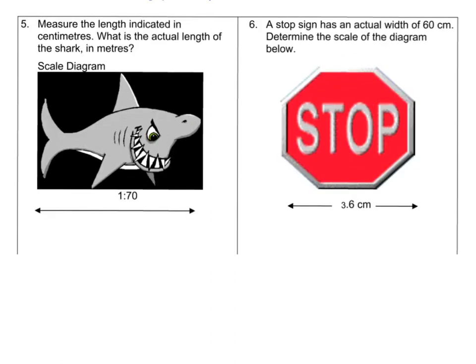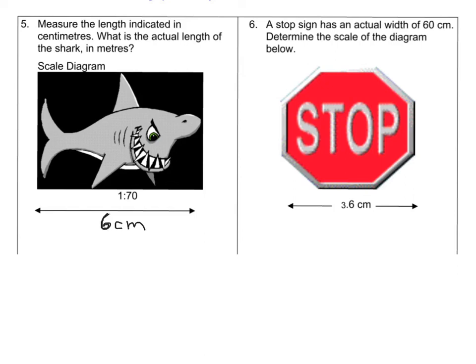Now we have similar problems on page 16. So on page 16, it says measure the length indicated in centimeters. What is the actual length of the shark in meters? So I actually took my ruler out here, and on the sheet of paper, I got that this is 6 centimeters.